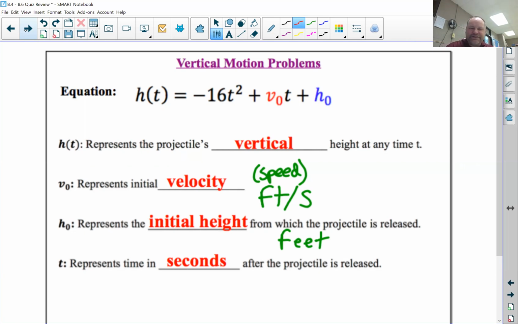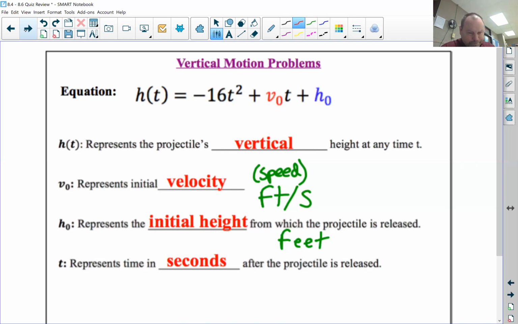Again, the negative 16 is because of gravity, plus v sub 0 times t, where v sub 0 is your velocity, plus h sub 0, and h sub 0 is the initial height. So how high up were we before we launched the rocket, before we threw the baseball? How high up was the golf ball before it was hit?